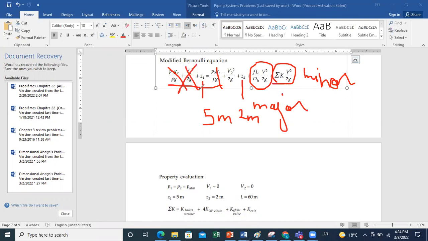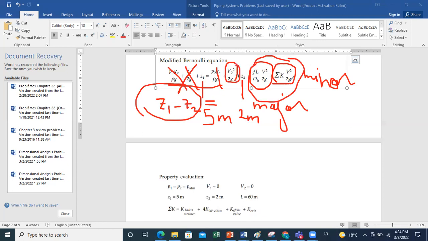So we end up with the following relation: the change delta Z, the change in Z or Z1 minus Z2, will drive the flow. So Z1 minus Z2 is the driving force for the flow here, because this gravitational energy will be transformed partly into kinetic energy and will overcome losses. It should overcome both major and minor losses.